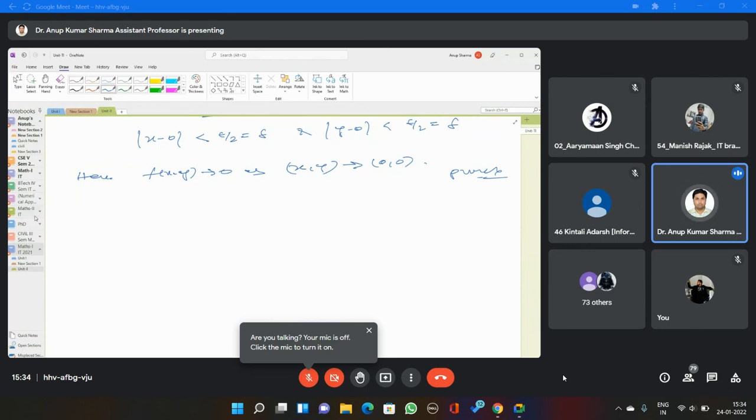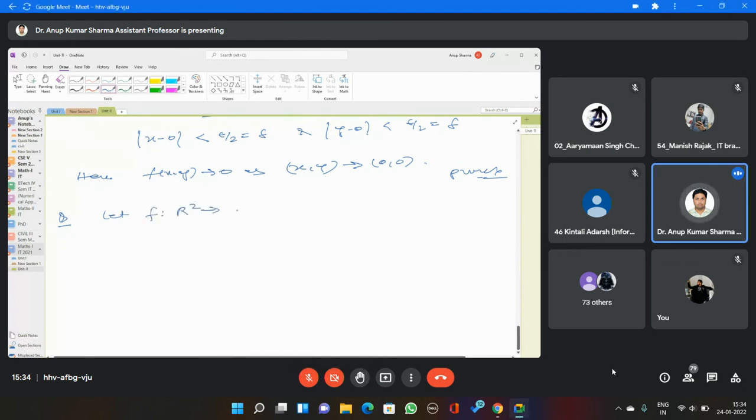Okay, we see one more example first. Let a function defined from R square to R be defined as f(x,y) equals xy upon x square plus y square, for (x,y) not equal to (0,0), and 0 for (x,y) equal to (0,0).